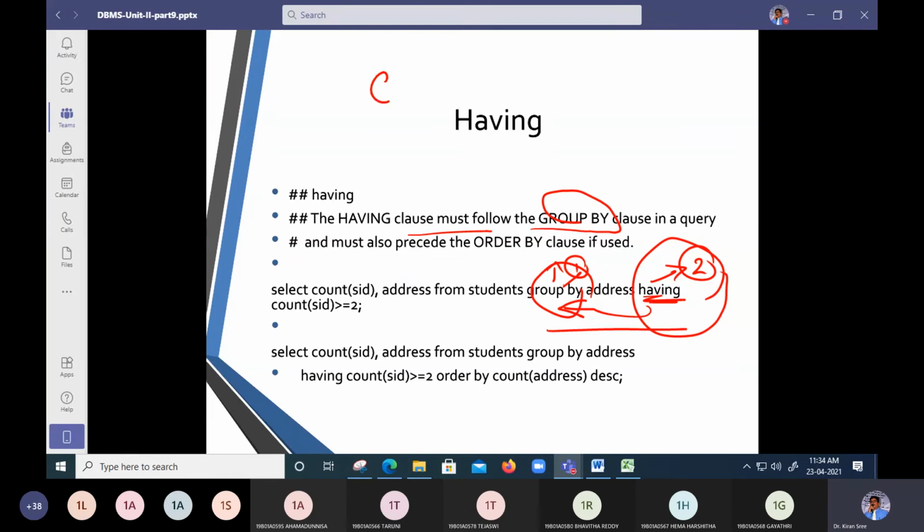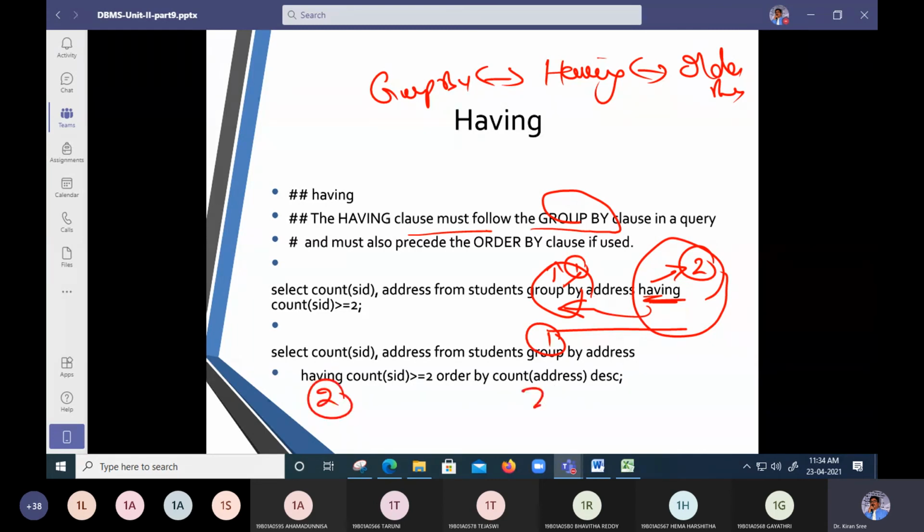So what was the order? First I should have group by, next I should have having, then I should have order by. So in this second query, I am experimenting with one group by, two having, three order by.